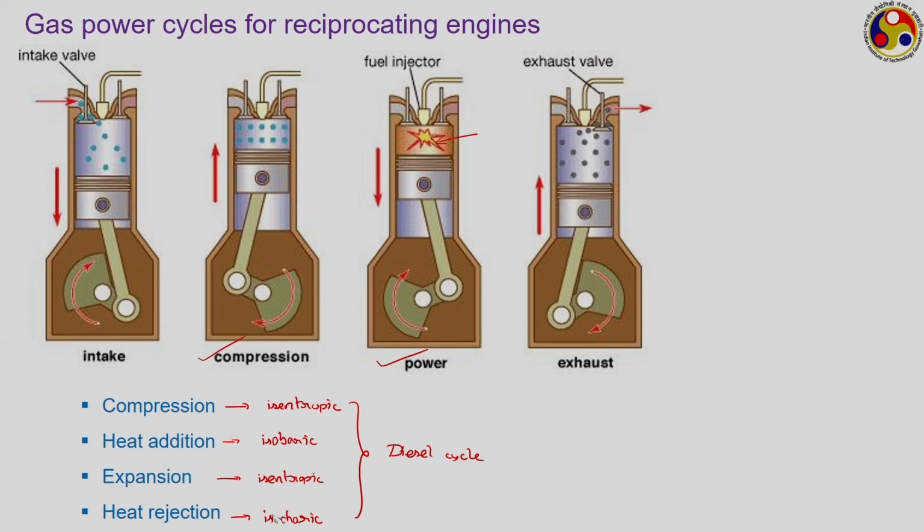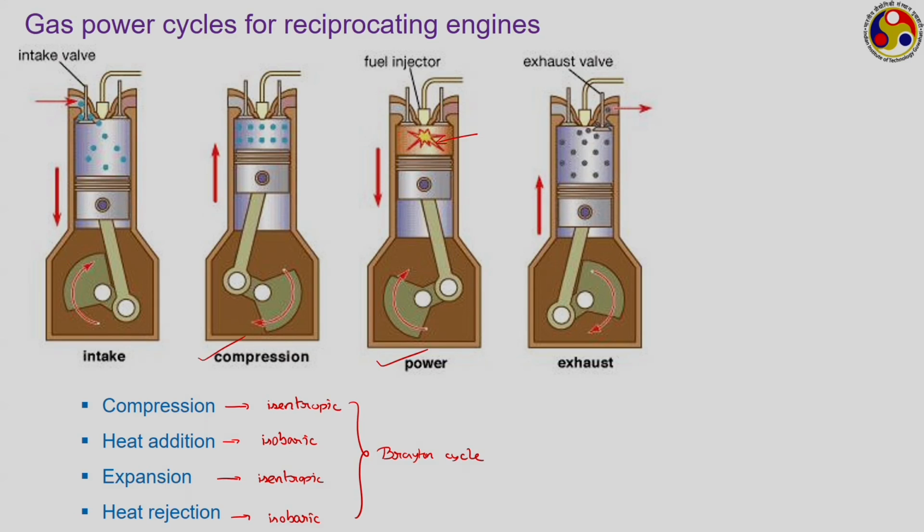Similarly, it is also possible to conceptualize another cycle where heat addition and heat rejection both are isobaric. That particular cycle is another air standard cycle known as the Brayton cycle or Joule cycle. But this is generally not used in reciprocating engines; rather it is used more in gas turbine kind of rotary devices. This one we shall be discussing in the corresponding week.